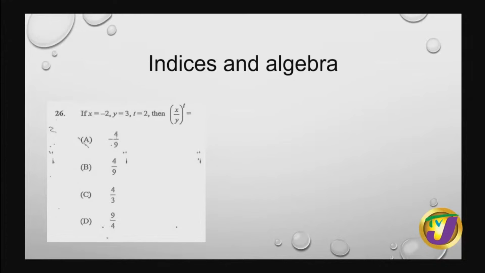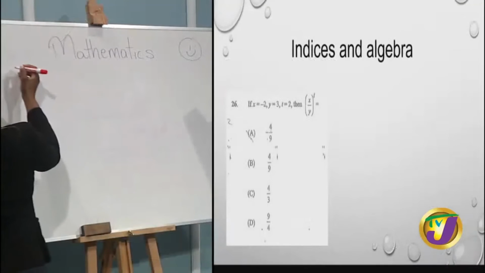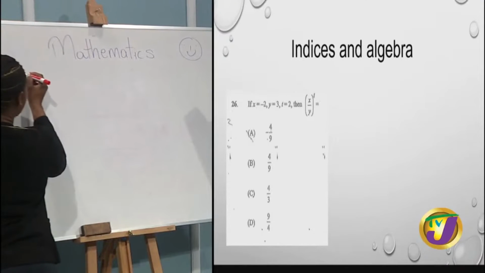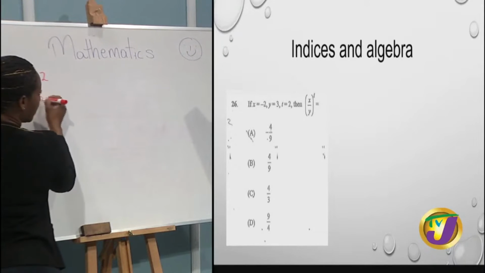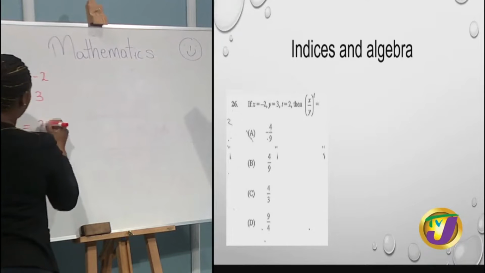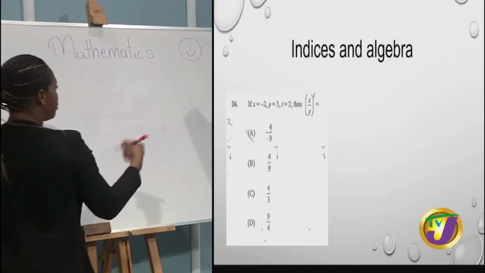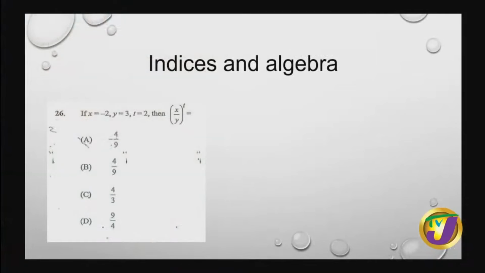And let us look at it on the board before we run through it on the screen, just to ensure that we all are following and I haven't left anyone behind. All right, so they gave us some values for the variables. And I'm just going to write them here. So you have x is equal to negative 2, y is equal to 3, and t has a value of 2. And they're asking you to determine what is x over y, all raised to the t power.